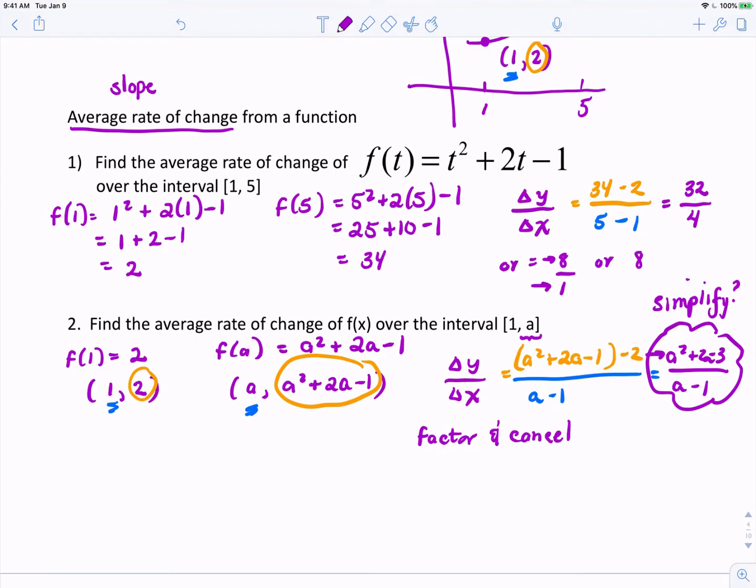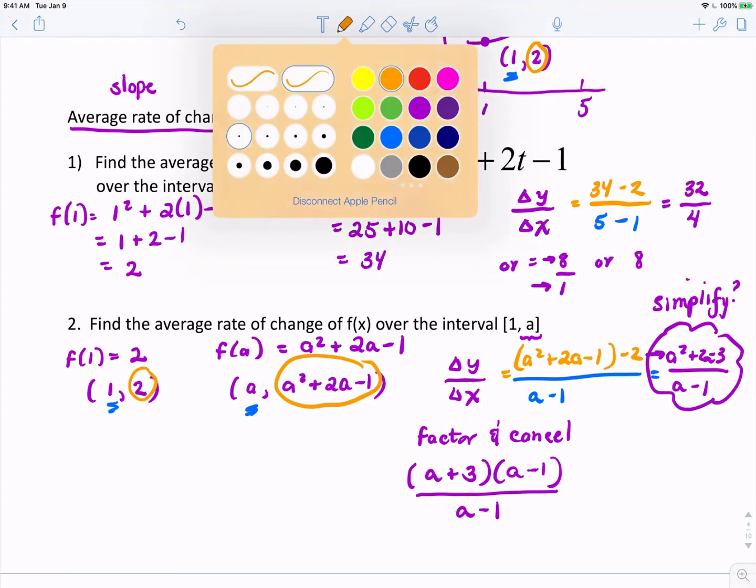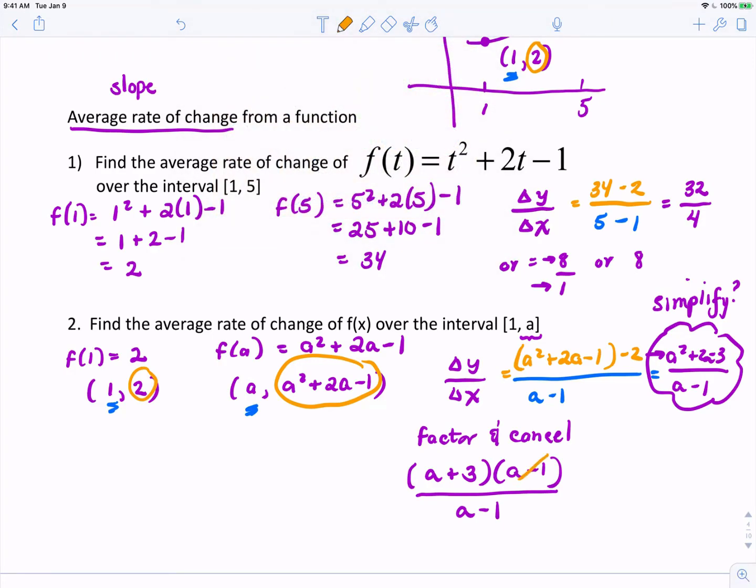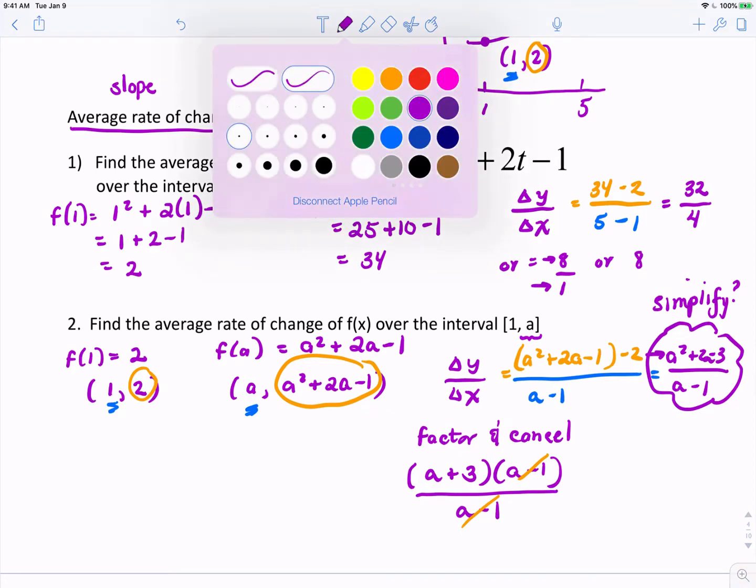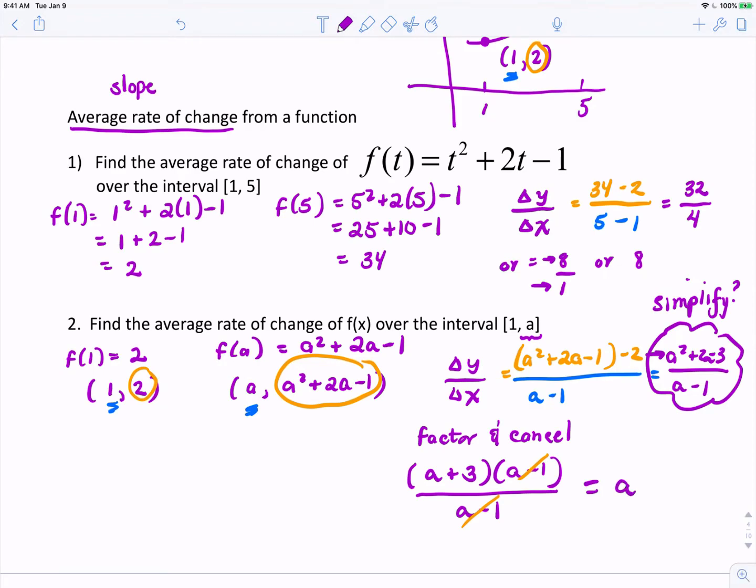So if we take a look at this numerator and see if we can factor it, that's going to factor as a plus 3 times a minus 1. And the denominator, we had an a minus 1. And so what we can notice is that we have two common factors, which we can cancel because they're equal to 1. And so our final answer is going to be a plus 3.